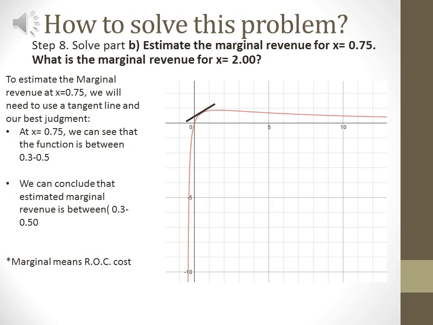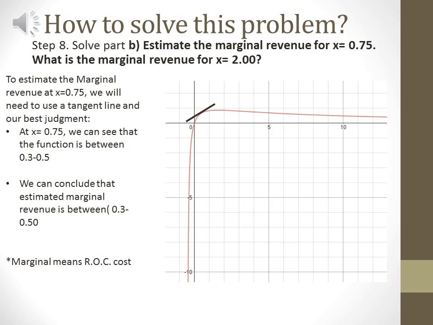So what I've done here, I've cut the graph up, and I'm showing you the right part of the graph, which is the positive, and that's what we need to be focusing on. So, to estimate the marginal revenue at x equals 0.75, you'll need to use a tangent line and our best judgment possible. A tangent line is just simply drawing a point to the left, drawing a point to the right, and drawing a line that intersects with the curve.